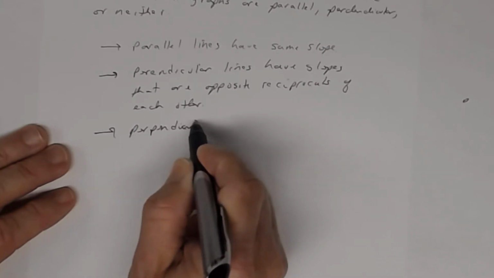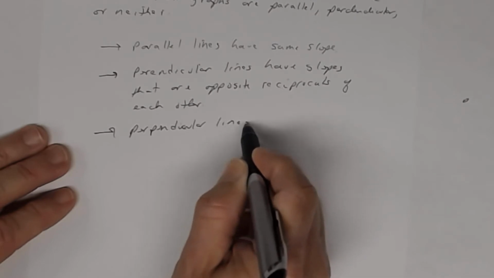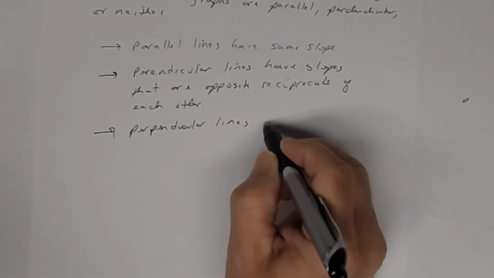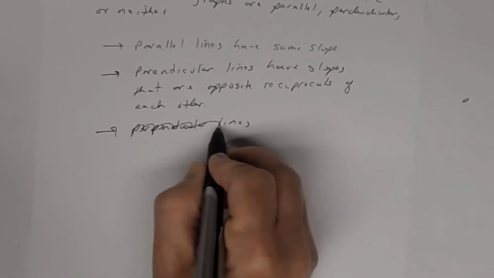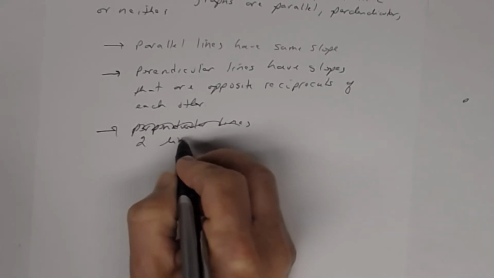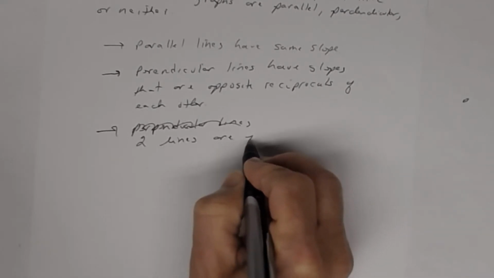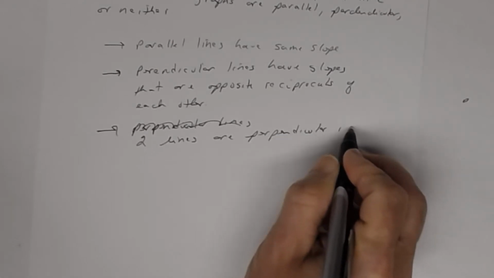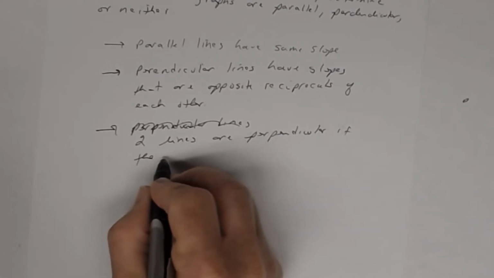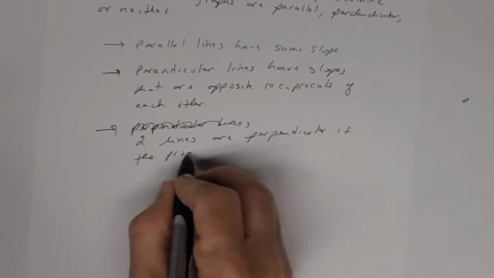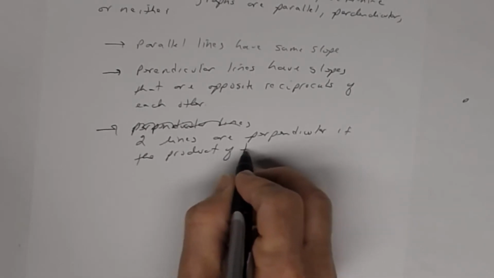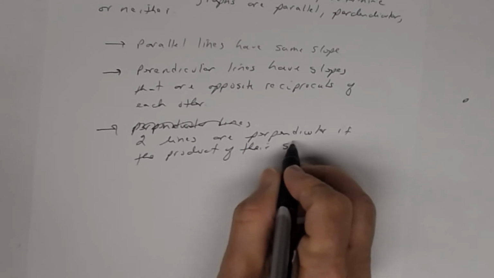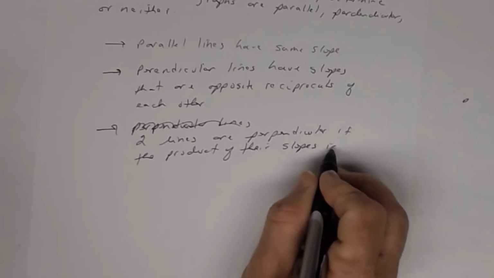Two lines are perpendicular if the product of their slopes is -1.